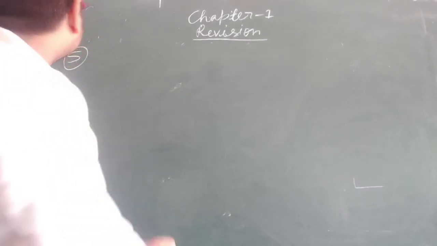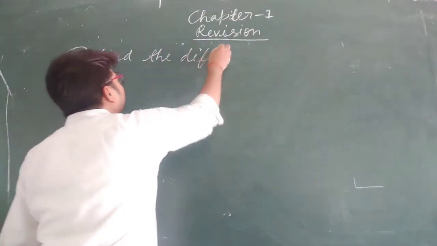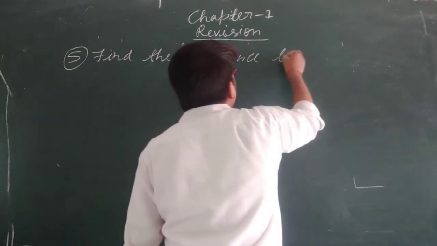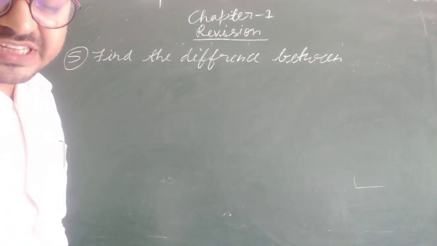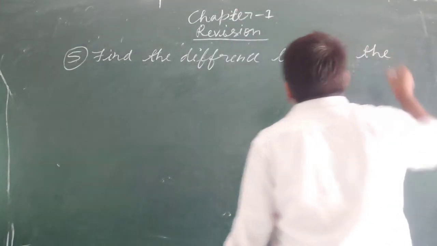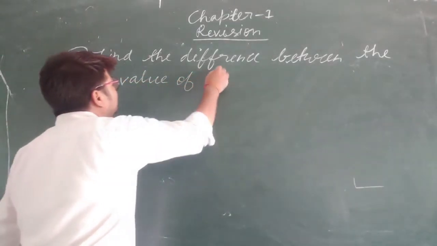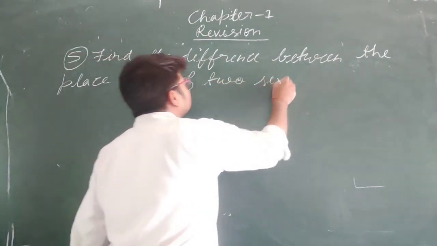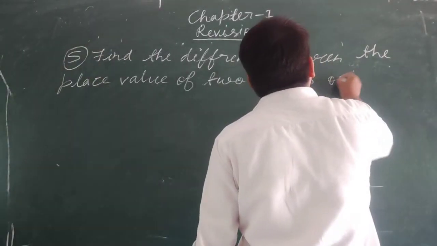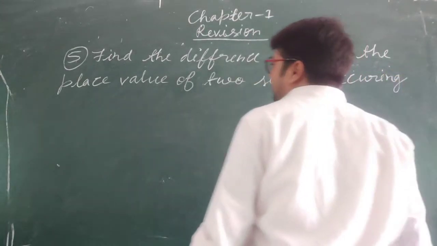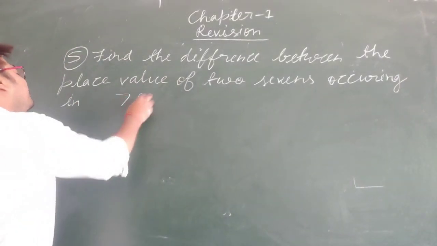Find the difference between the place value of two sevens occurring in 7875. Okay.